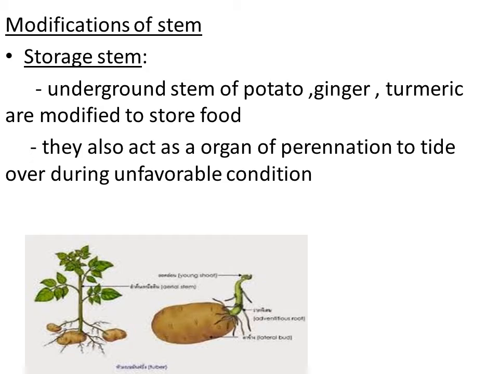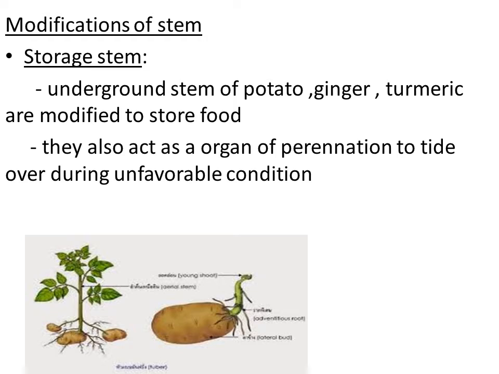We can cut the potato tuber into a number of pieces and sow them in the soil to raise new plants. This is called perennation. So they are not only storing the food material, they also act as an organ of perennation, right? The storage stems are the parts that tide over unfavorable conditions.